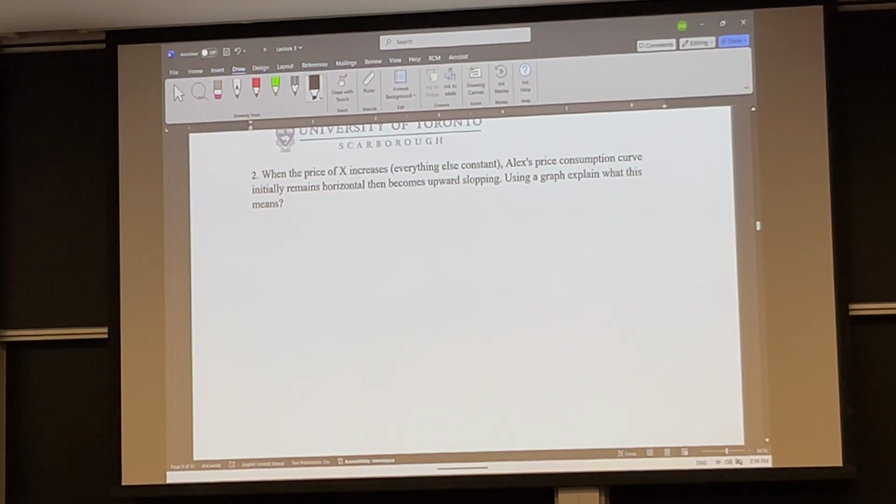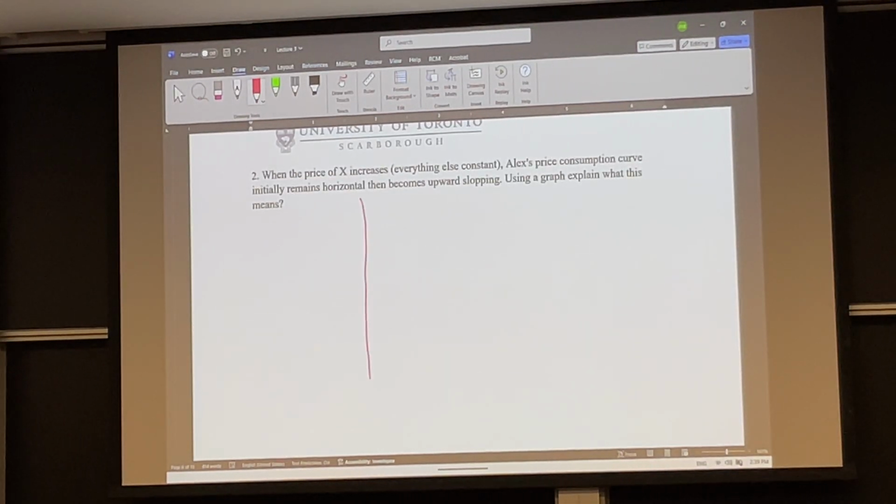When the price of X goes up, Alex's PCC is horizontal. When it goes up further, it becomes upward sloping. What does that mean? I'll graph it, you tell me what it means. That is the initial budget line.